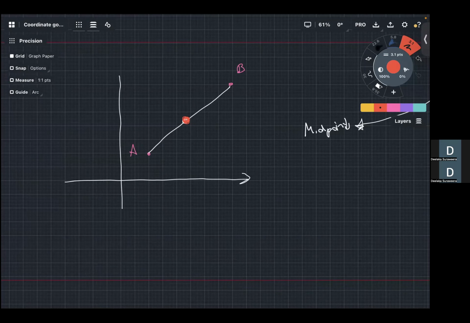But more specifically, it's also on the straight line that connects A and B. Midpoint is defined as the point that is halfway along the straight line that connects A and B. Because if it was just equal distance, there are actually infinitely many points. You can go perpendicular to this, and any point on this line, perpendicular to the midpoint, is an equal distance point.